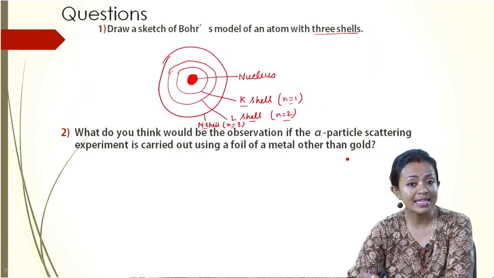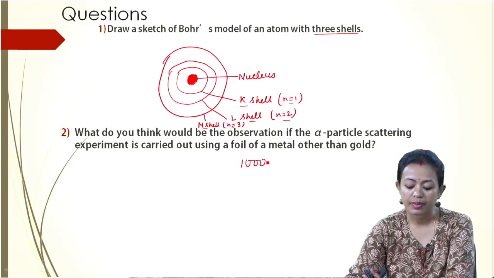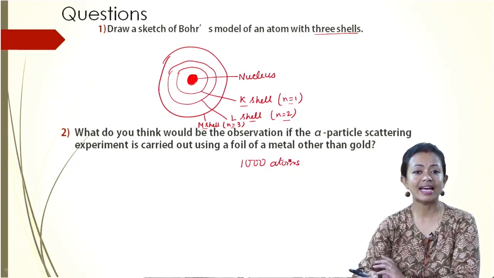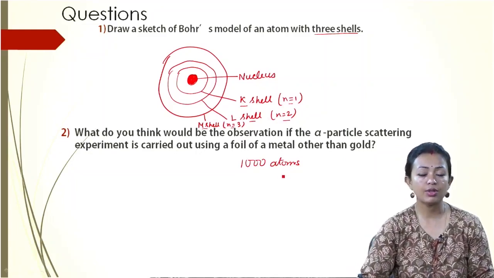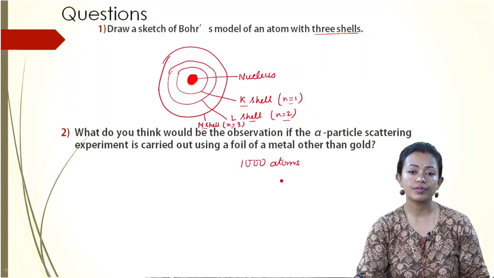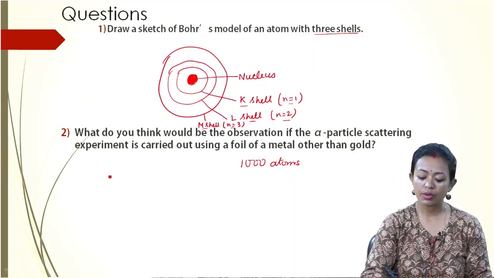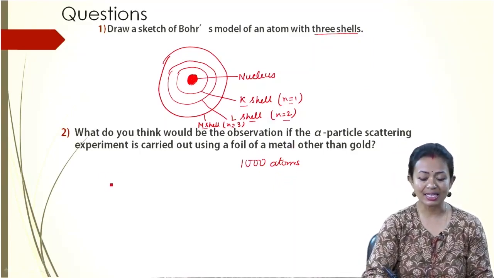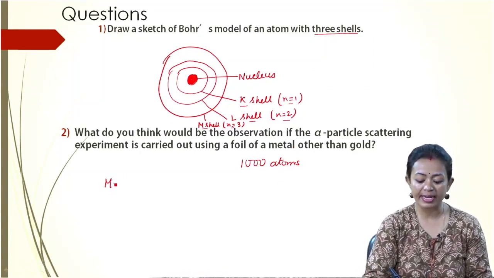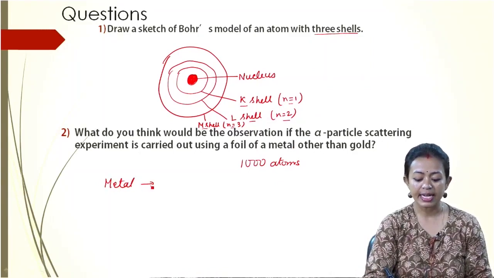And we know that in the alpha ray scattering experiment, Rutherford had used a thin gold foil whose thickness was around 1000 atoms. So that helped in the observation of Rutherford's model.